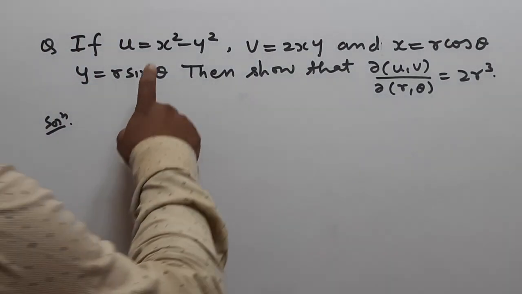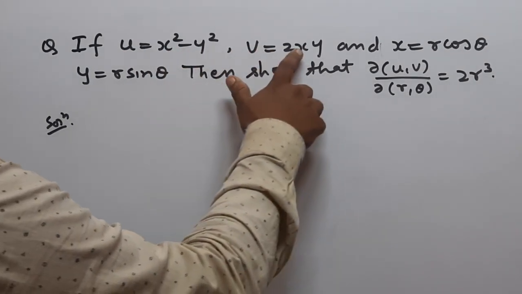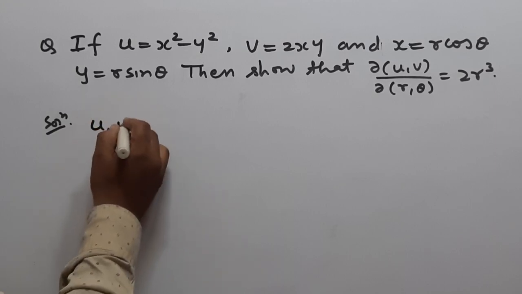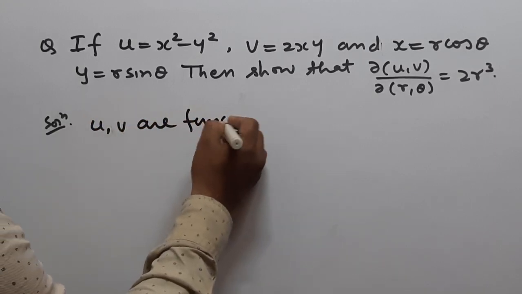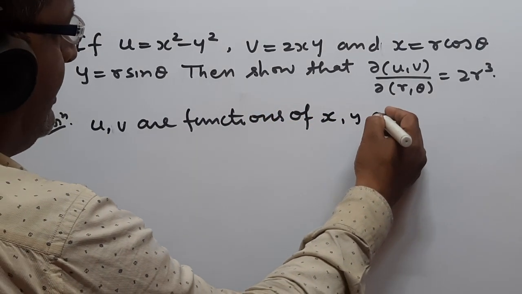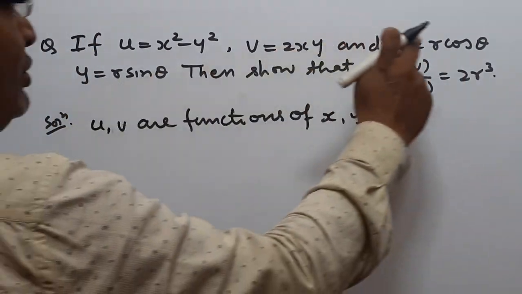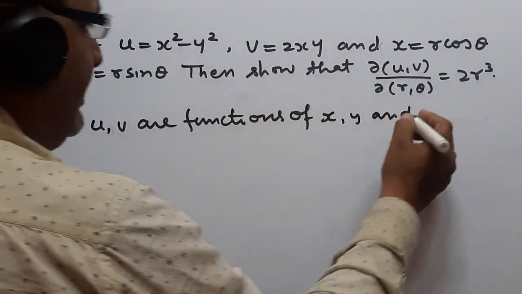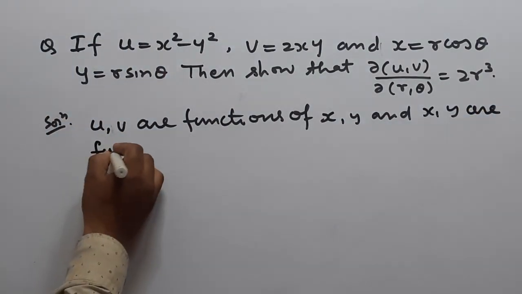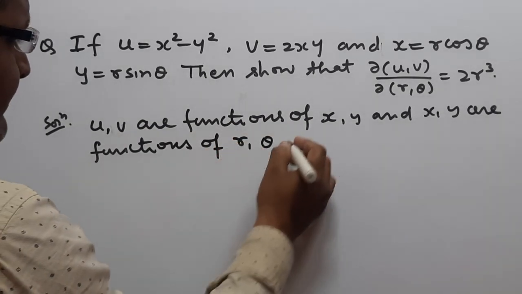So here we can see that u and v both are functions of x and y. So u, v are functions of x, y, and you can see x and y both are functions of r theta.